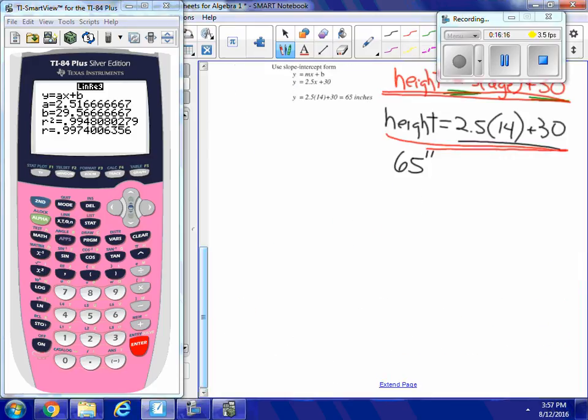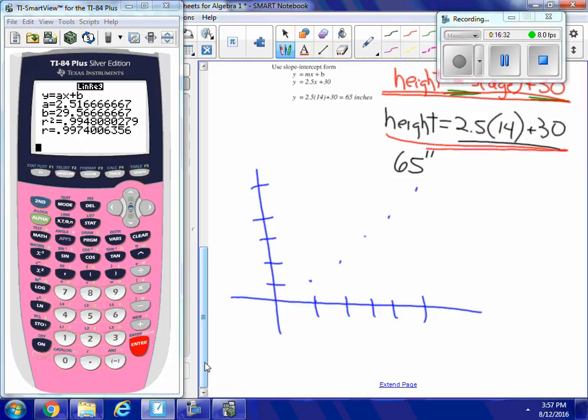Now if you think about it for a minute, if I have a linear graph and I'm trying to match up two variables, if I have like 1, 2, 3, 4, 5, and 1, 2, 3, 4, 5, and this was 1 and that was 1, and this was 2 and that was 2, 3, 3, 4, 4, 5, 5, I would have a perfectly straight line. And that perfectly straight line would have a slope, rise over run, of 1.